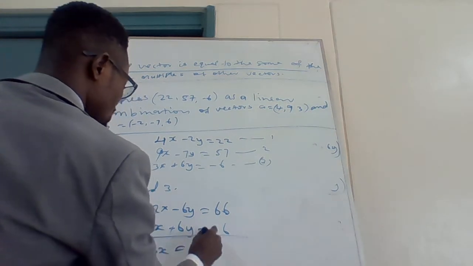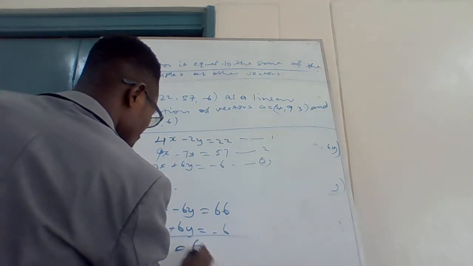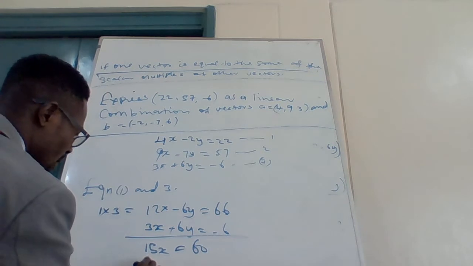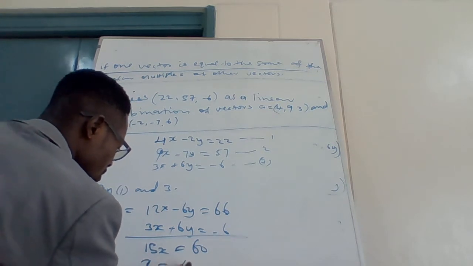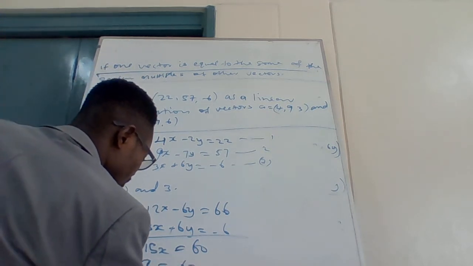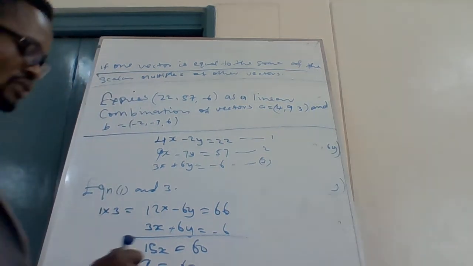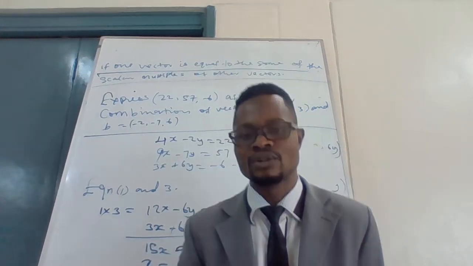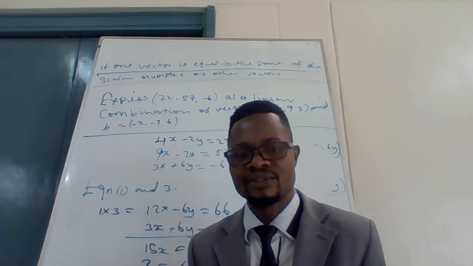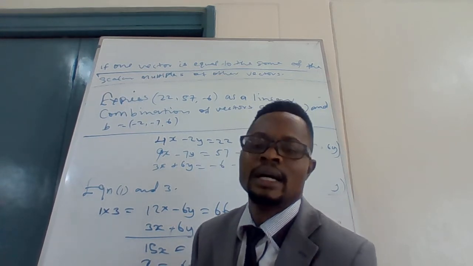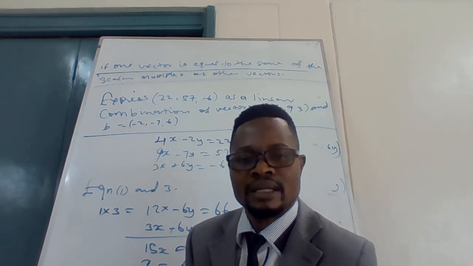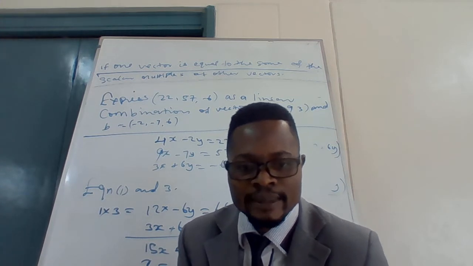Then 66 minus 6 will give you 60. So our x will be 60 divided by 15, and this is the value that we got for x. Now we can solve for the value of y, and afterward we are able to use it to find the linear combination.